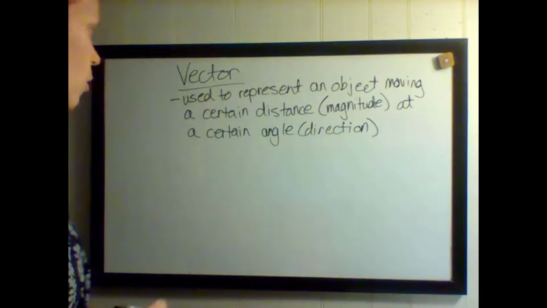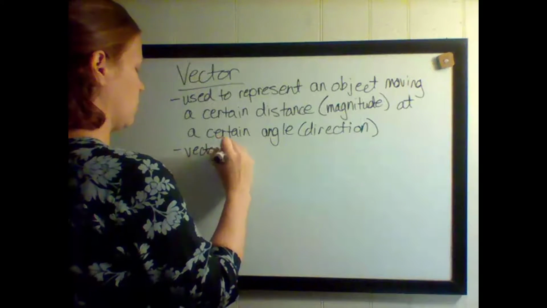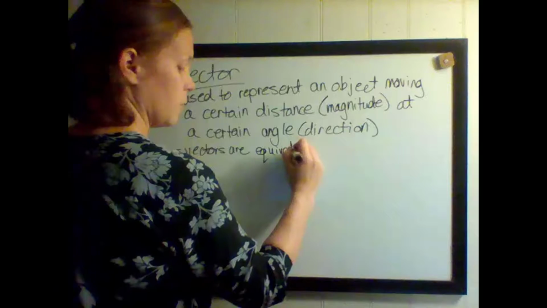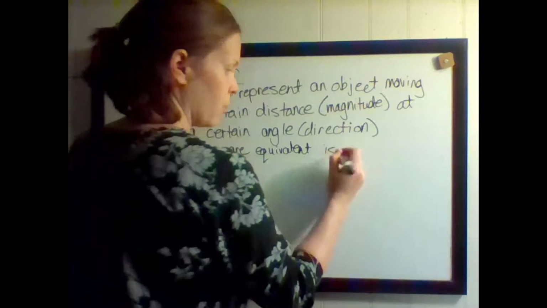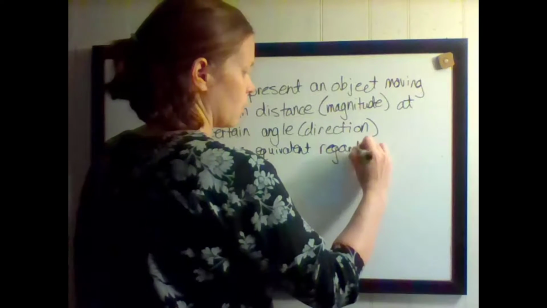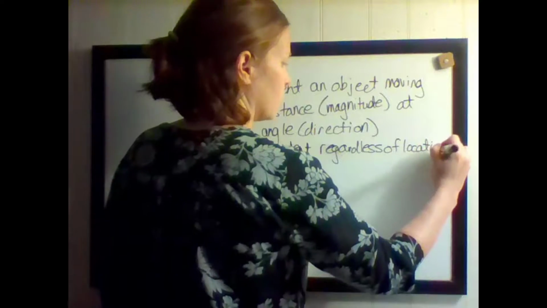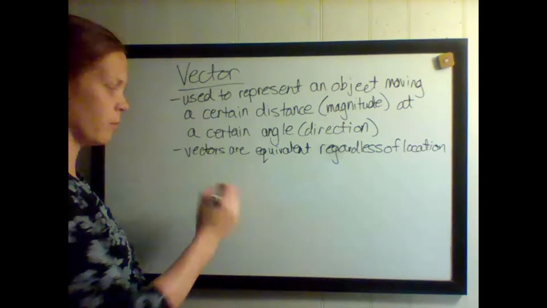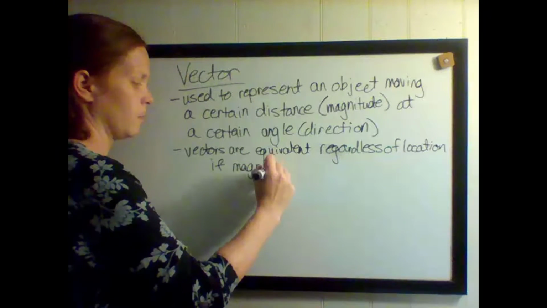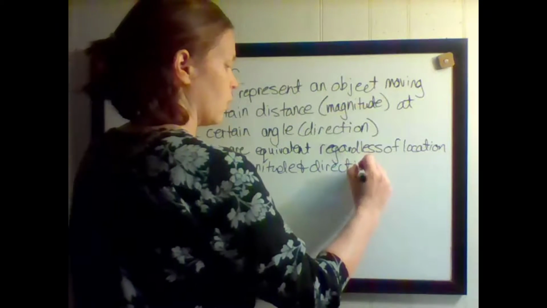Okay. So vectors are equivalent regardless of location if the magnitude and direction are equal.